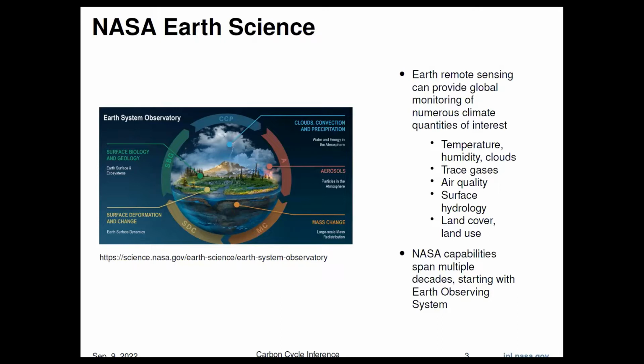NASA and other international agencies are thinking about other types of remote sensing assets that could be deployed to monitor the polar regions more carefully. I forget the specifics, but there's a certain type of orbit that would be more conducive to monitoring the polar regions in finer resolution that's being discussed.